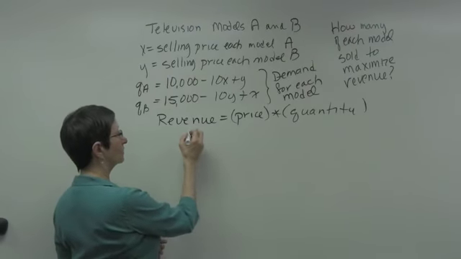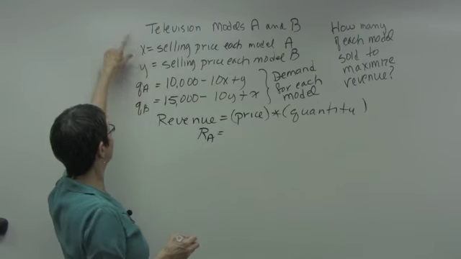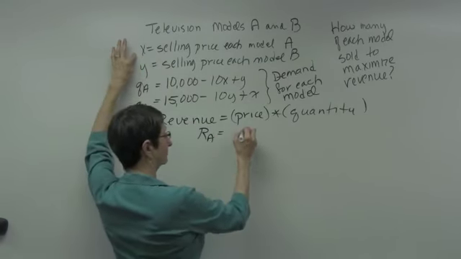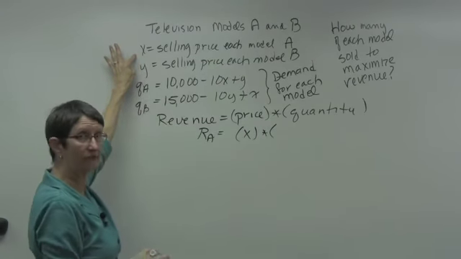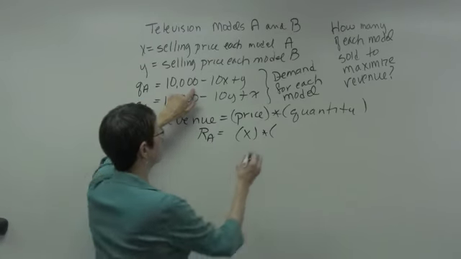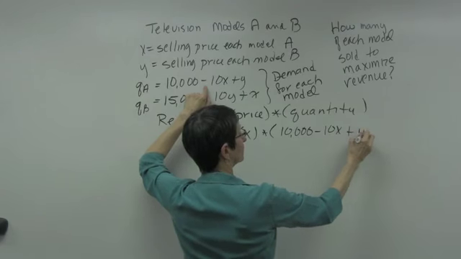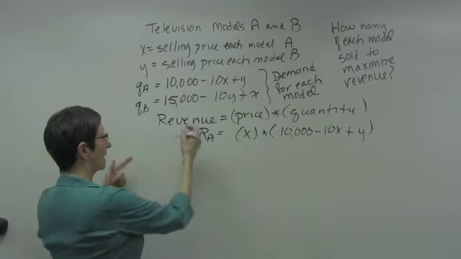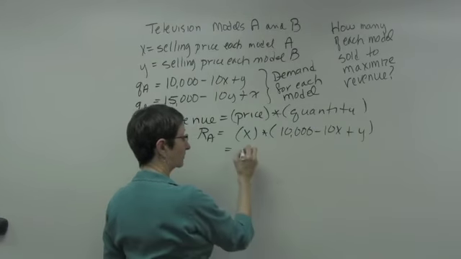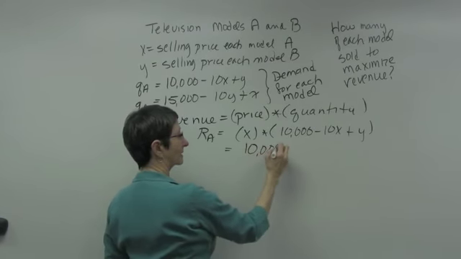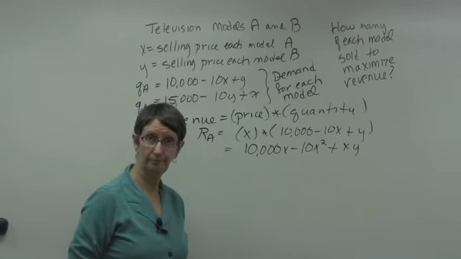So let's look at revenue for A, Model A. The price for Model A says selling price is X. I multiply that by the quantity sold for A, which is this, 10,000 minus 10X plus Y. So my revenue for Model A is X multiplied through here gives me 10,000X minus 10X squared plus XY.